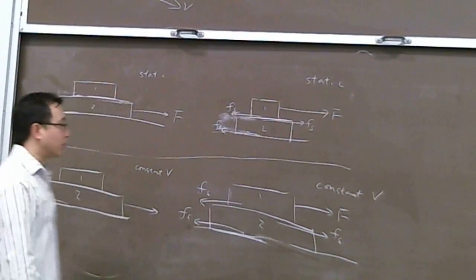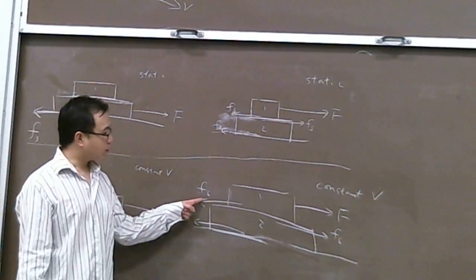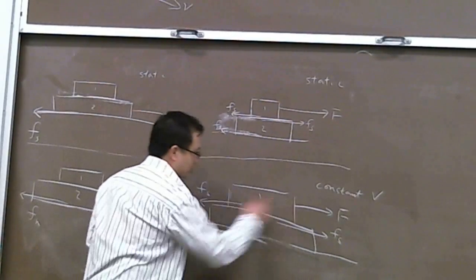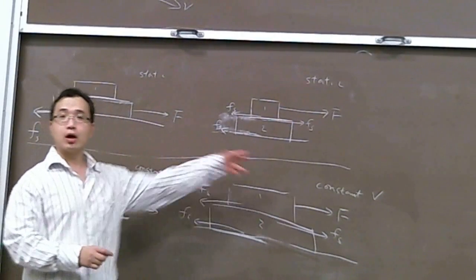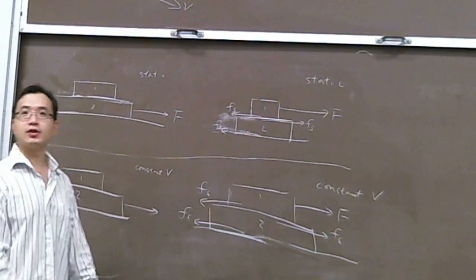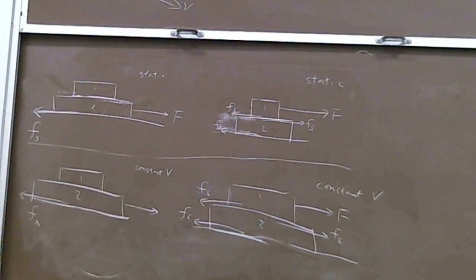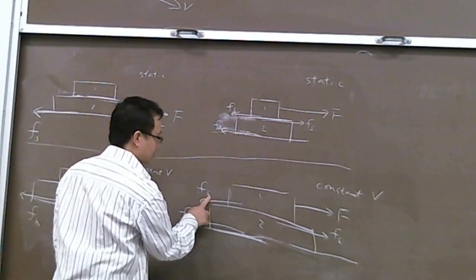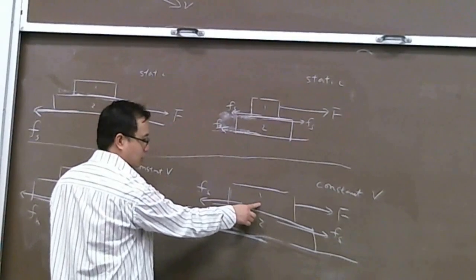Okay. To have this situation, the static frictional force has to have the same value because all these forces should have the same value. They cancel each other, so it can move with constant velocity. Okay. So in this case, similar to here, this equals to this. So it will not move object 1.